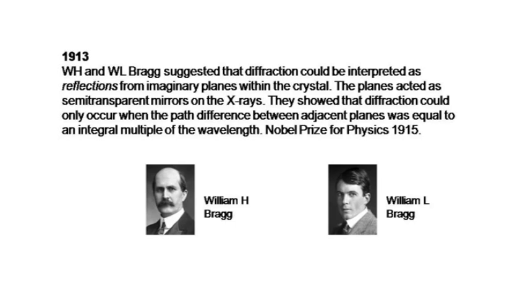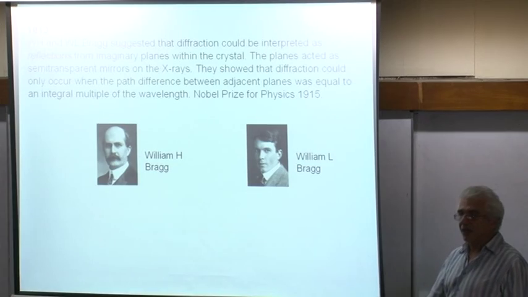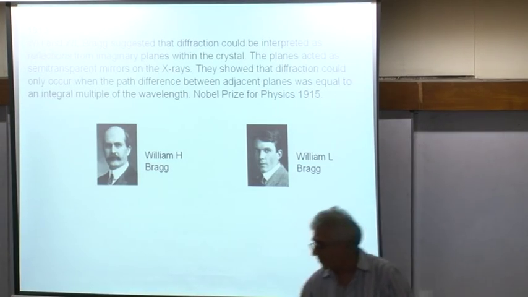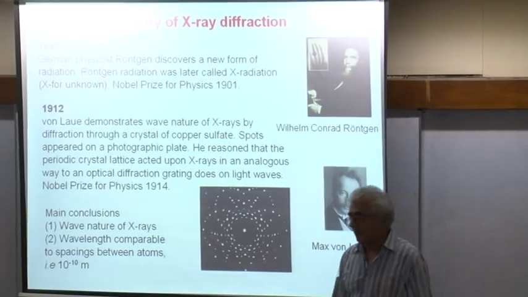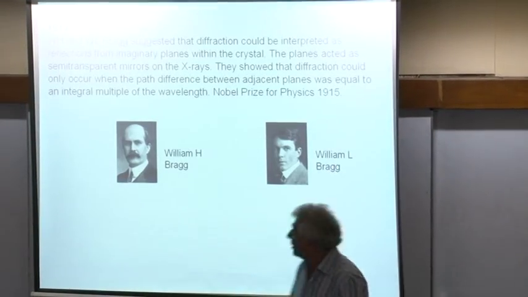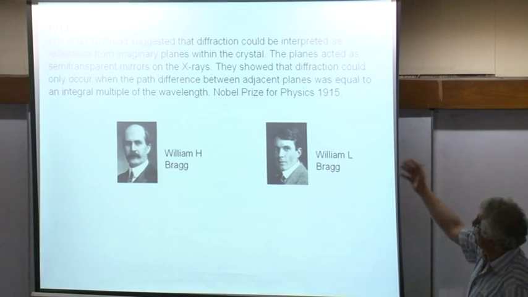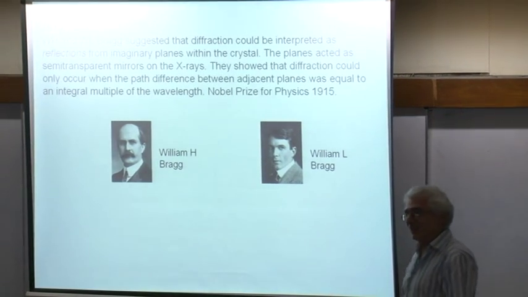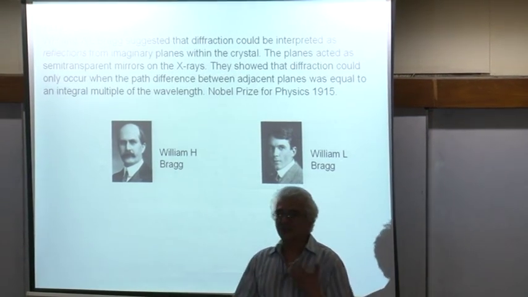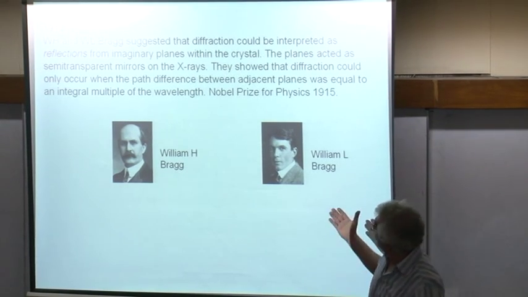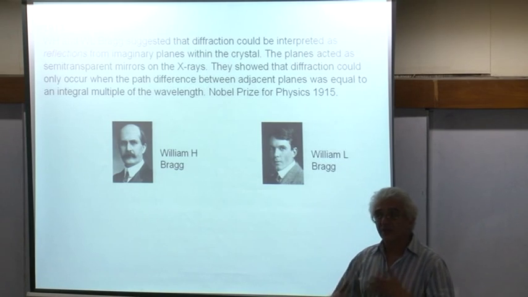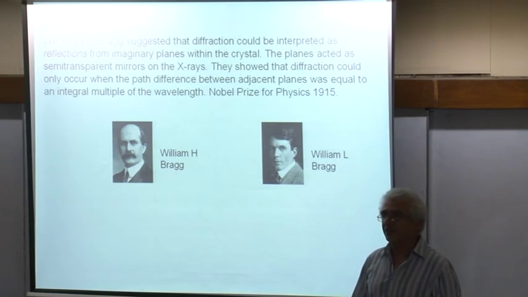And so they came up with a mechanism for understanding the spots that we saw in von Laue's photograph. And again, a Nobel Prize for Physics in 1915. So this is a story of a lot of Nobel Prizes. This is about 100 years ago, people were starting to understand this phenomenon.